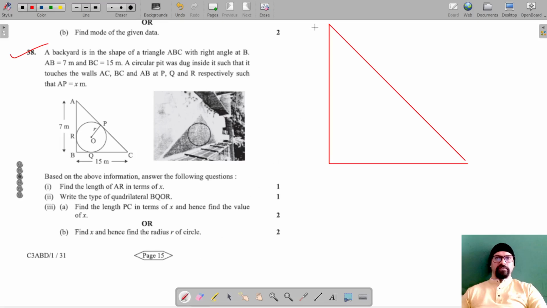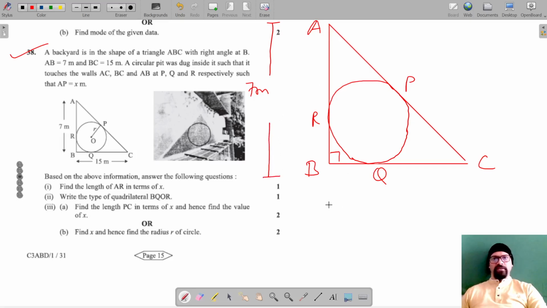If I label this A, B, with the right angle at B, so this is 90-degree, this is C. Then there is a circular pit in the center, which touches the sides of the triangle at P, Q, and R. Now the length of AB is 7 meter and BC is 15 meter and the radius is R.